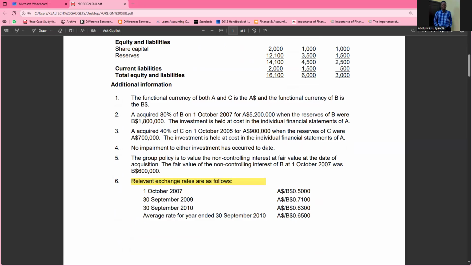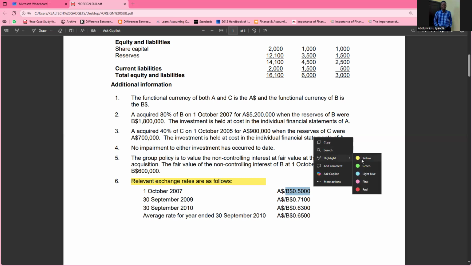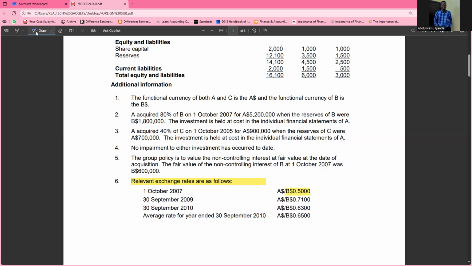They say on 1st of October 2007, $1 is equal to $B 0.5000.